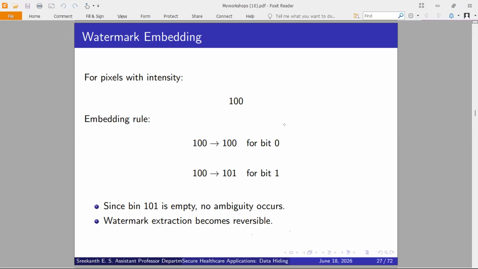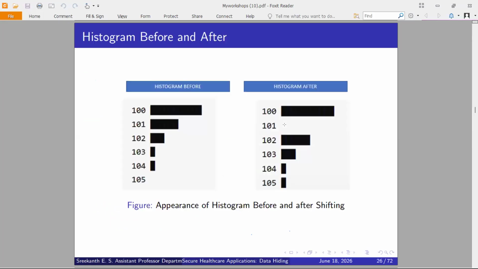So in the resultant image, if there is an intensity value of 101, that indicates the embedding of bit 1. If there is a value 100, it indicates embedding of 0.